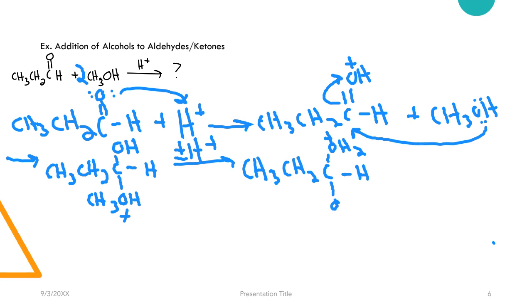Okay, so that puts water at the top. That oxygen has a positive charge. It's a good leaving group. So a lone pair of electrons from this oxygen down here will come down to form a double bond, which helps push off that leaving group.